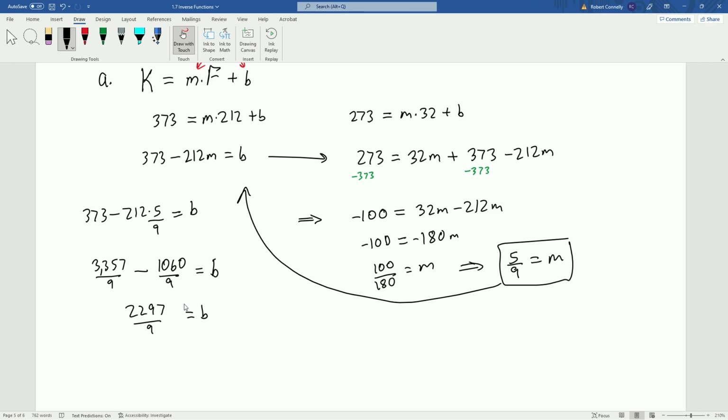Okay, so that's pretty much it for that. All right, so that gives us the relationship k equals 5/9 times f plus 2,297 over 9.